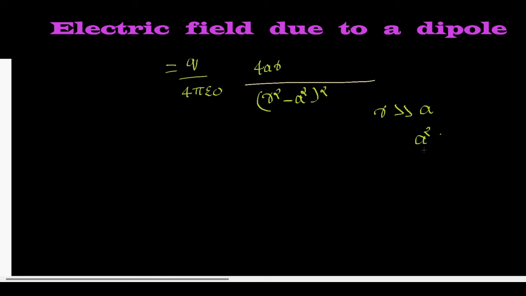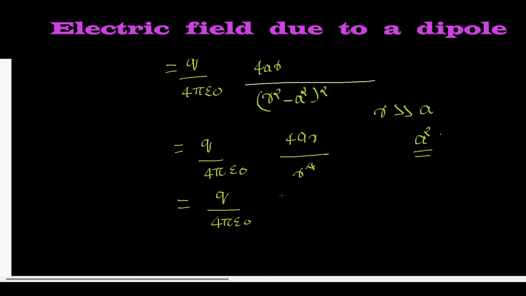So you can neglect the value of a square and you can rewrite the simplified equation as q divided by 4 pi epsilon 0 into 4ar divided by r raised to 4. So here one r is there and here one r raised to 4 is there. You can cancel them and you can simplify the equation as q divided by 4 pi epsilon 0 into 4a, r will be cancelled, so it will be r cube.